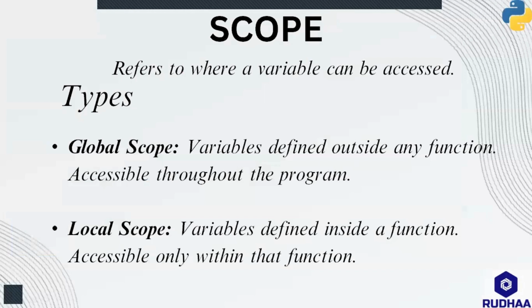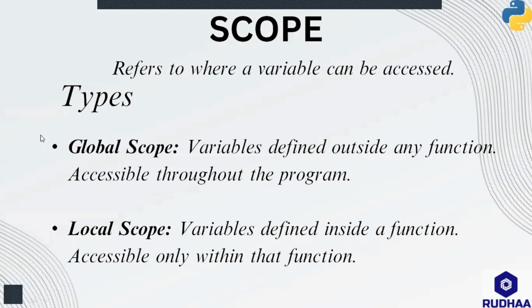So next is scope. Scope is also an important parameter in defining a function. Here the scope refers to the variable that can be accessed. As you see here, it is a variable that is available inside or outside the function block. That is called as a scope.